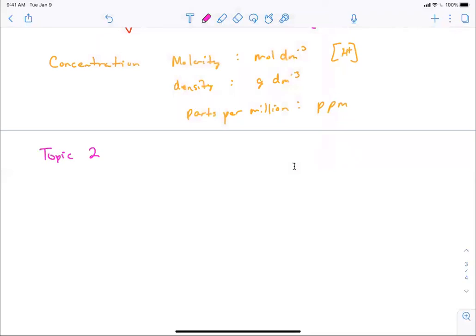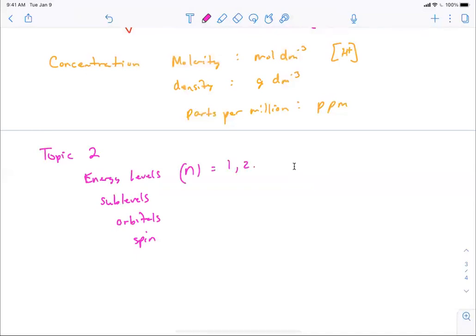And the idea of energy levels, sublevels, orbitals, and electron spin, where energy levels is n, which is 1, 2, 3, all the way to infinity. Sublevels are S, P, D, and F. Orbitals, there are 1, 3, 5, and 7.